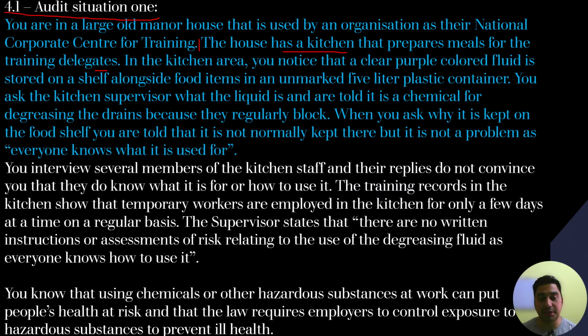Now how to identify whether a particular thing is a non-conformity or not? Very clearly, you have to check a few things. If the scenario says that it is a legal requirement but the law has not been followed, it is a clear non-conformity.